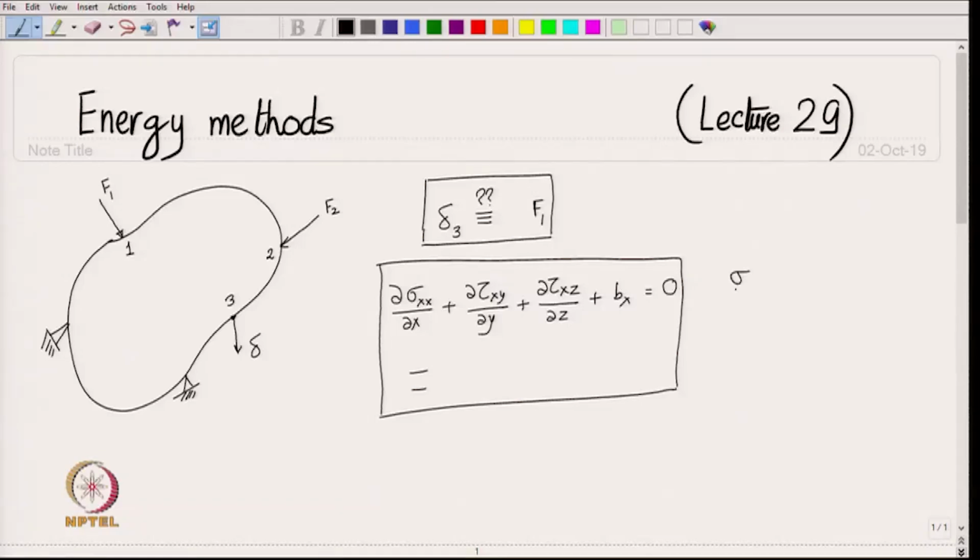So, on some part of the boundary you could have sigma times the normal to the boundary, that is equal to the imposed traction, right. So, this is called the traction boundary condition. Whereas, on other part of the boundary, the displacement u itself could be prescribed some u naught. So, that is the displacement boundary condition. For example, if it is clamped at some point, then the displacement of that point is 0.